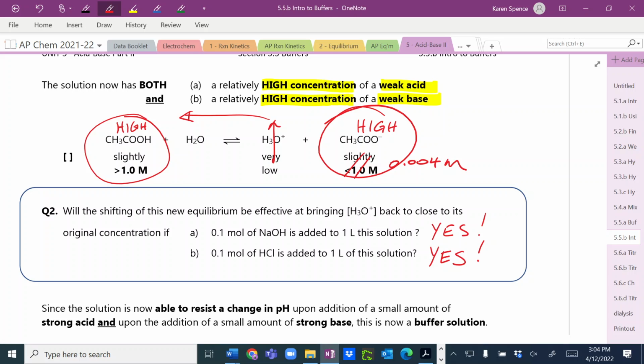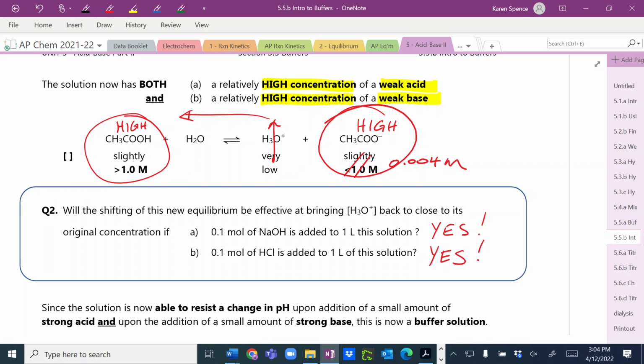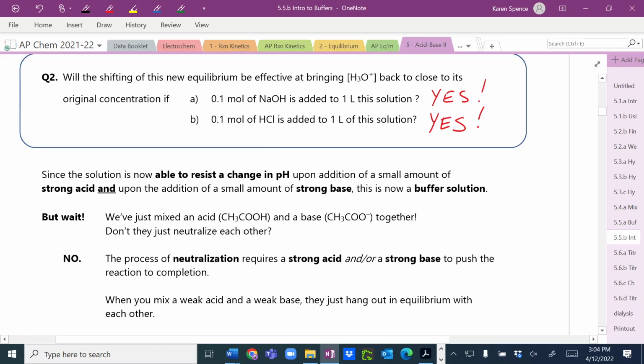Oh yeah, no, the hydronium does not have to be high. The concentration of the acid has to be high, the concentration of the base has to be high. The hydronium is the hydronium, it's not the acid or the base. The conjugate base and conjugate acid pair both have to be high. Yes. Okay. Cool.